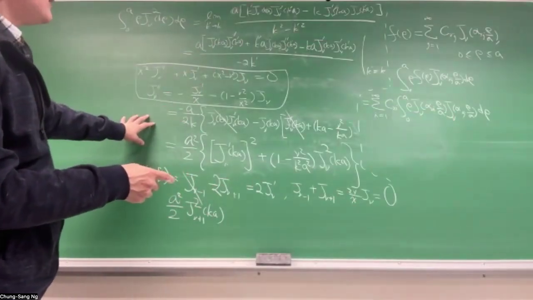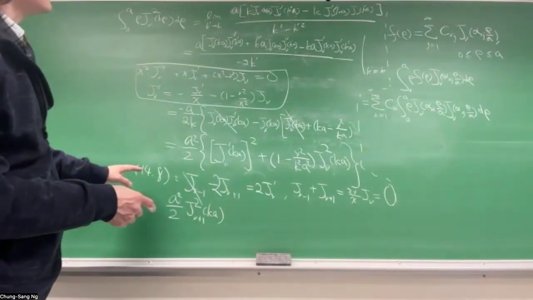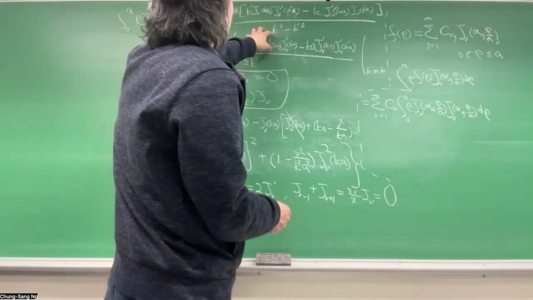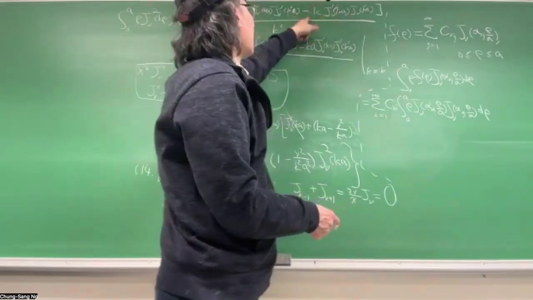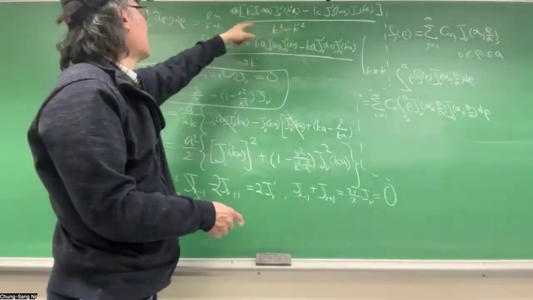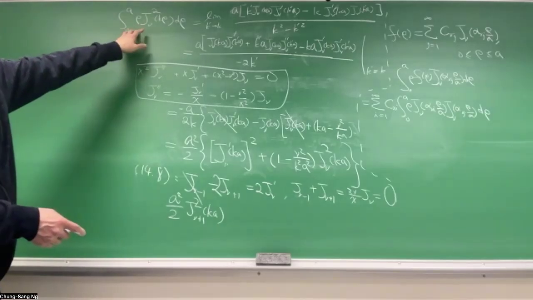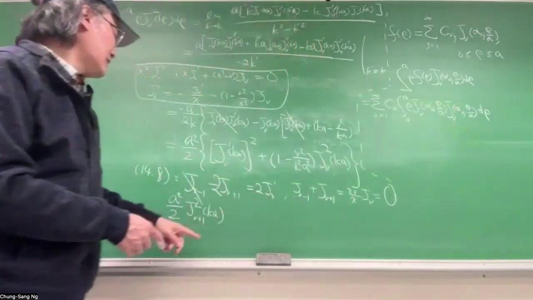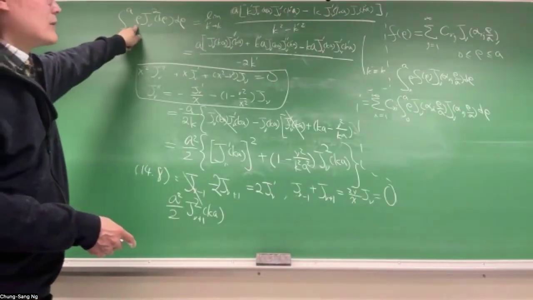When K is not equal to K prime, and you set the Dirichlet boundary condition, this is 0, this is 0, so the right-hand side is 0, and K squared minus K prime squared is not 0, so the integral must be 0. The only non-zero case is when K equals K prime, or alpha nu I equals alpha nu J, or I equals J. That will give you this one.